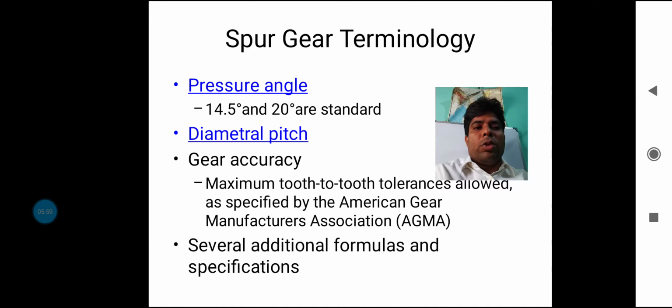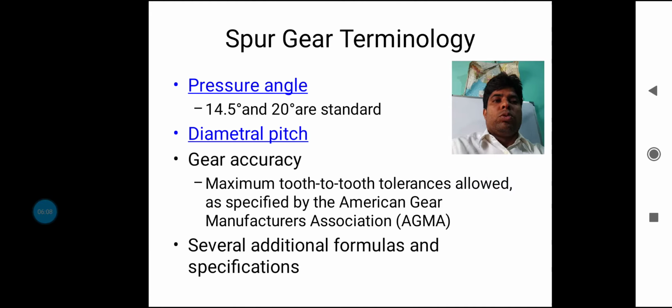Next, gear accuracy. Gear accuracy means the maximum tooth to tooth clearance or tolerance allowed as specified by the American Gear Manufacturers Association, short form AGMA, and it is called the accuracy. Several additional formulas are also there.